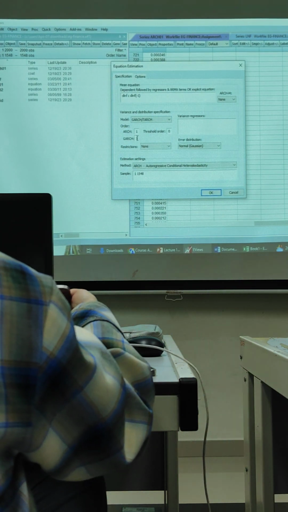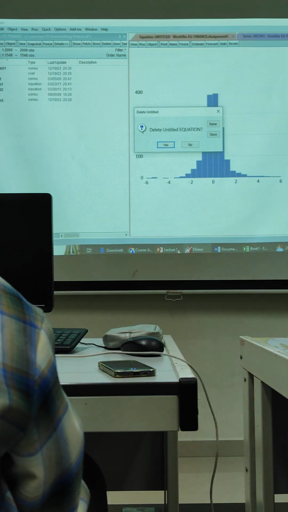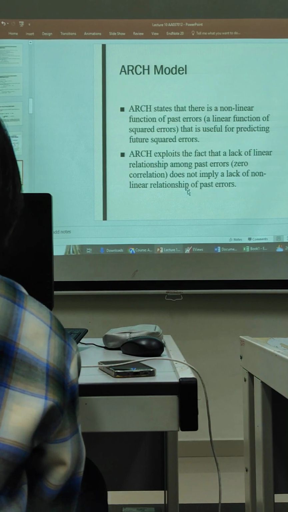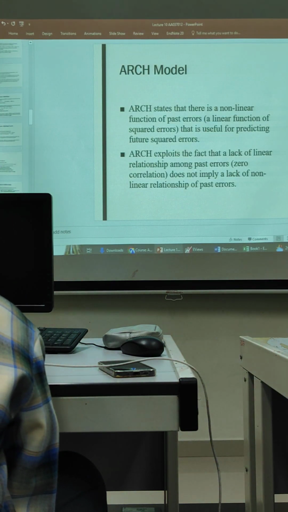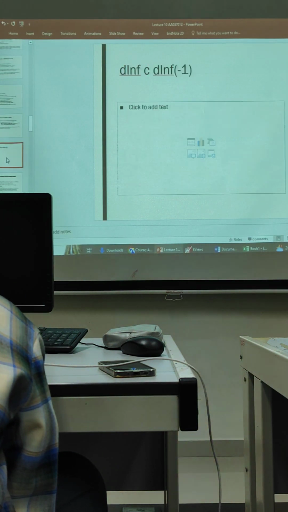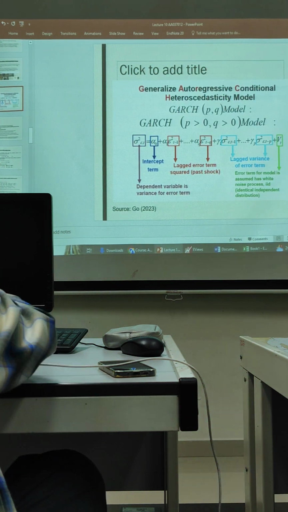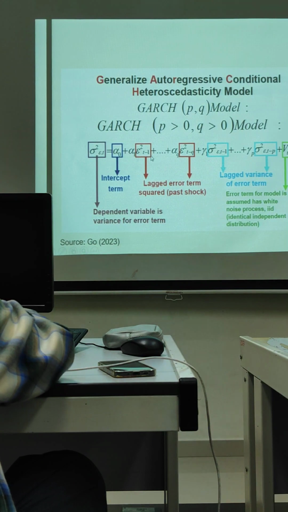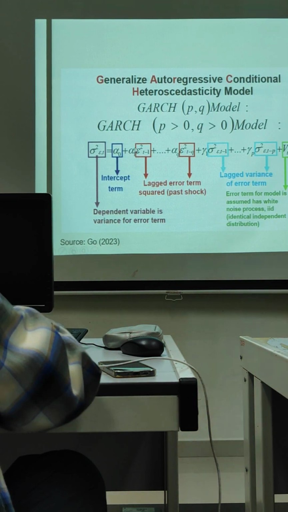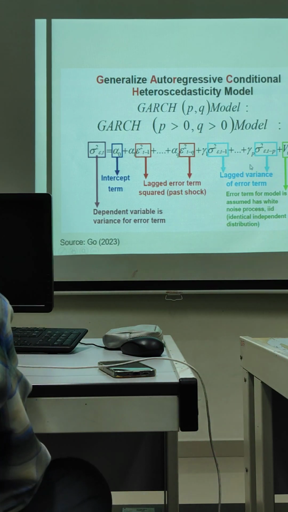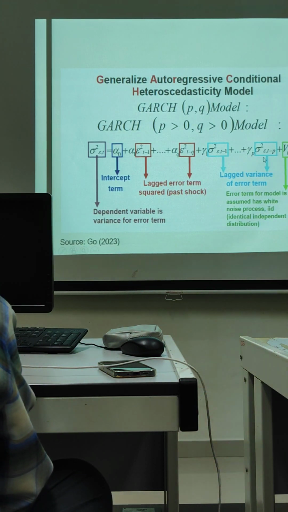If you go to the GARCH one, it means that actually you're estimating the GARCH model. So what is the difference between ARCH and GARCH? Let me show you the GARCH first. So the GARCH model. The difference between the ARCH and GARCH is that the GARCH not only has the lag for the error term, it also has the lag for the variance of the error term.